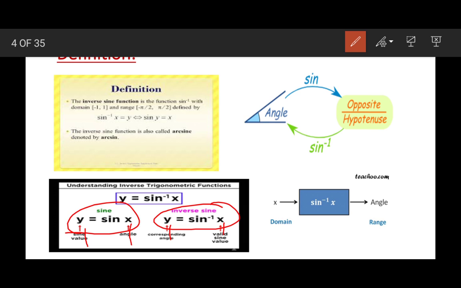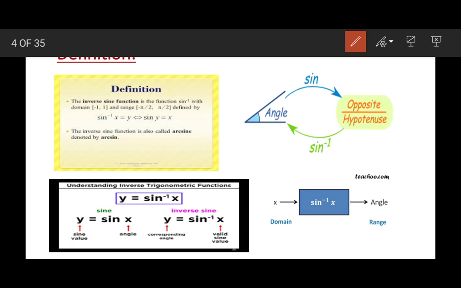If you write sine x equal to y, x is an angle and y is a value. If you write sine inverse x is equal to y, x will be a value and y will be an angle. X and y do not have any fixed notation. They are variables, so it depends how you are writing the term. Clear?